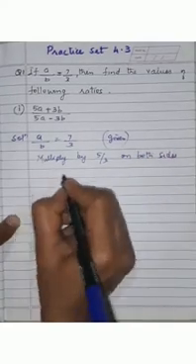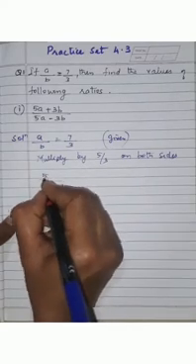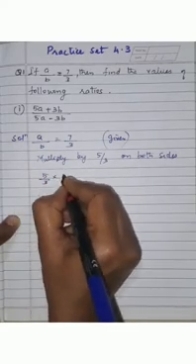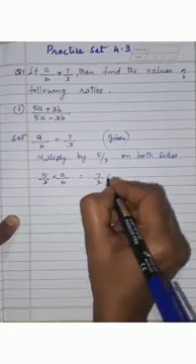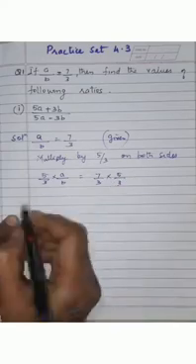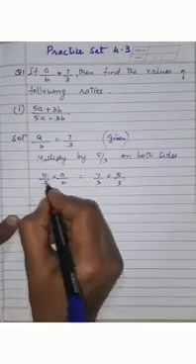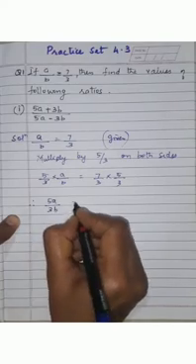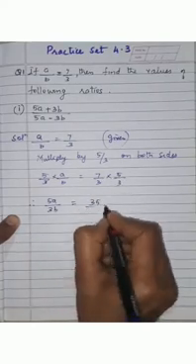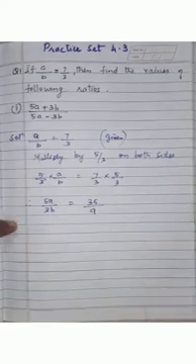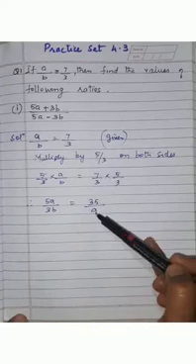When you multiply with 5 upon 3, you will get 5 upon 3 into a upon b is equal to 7 upon 3 into 5 upon 3. Therefore you get 5a upon 3b is equal to 7 fives are 35 upon 3 threes are 9. Now children, we got the value of 5a upon 3b as 35 upon 9.